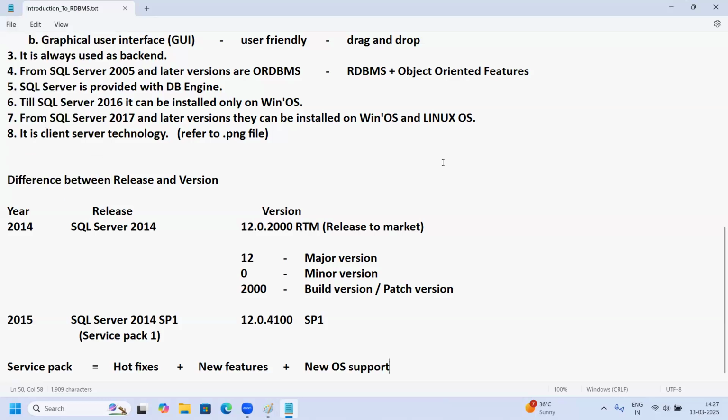That is called Service Pack. Hot fixes in the sense, whatever issues people were facing, whoever have purchased a license, they rectify all those issues. They rectify the problems from the software. That is how you describe the Service Pack.